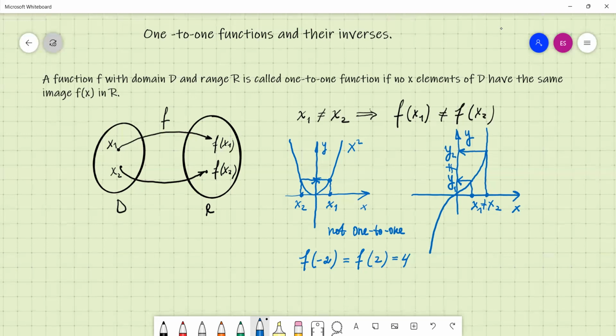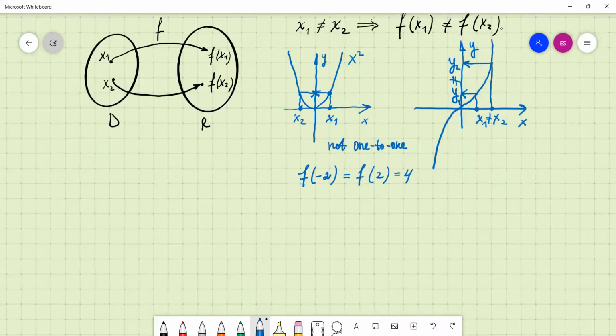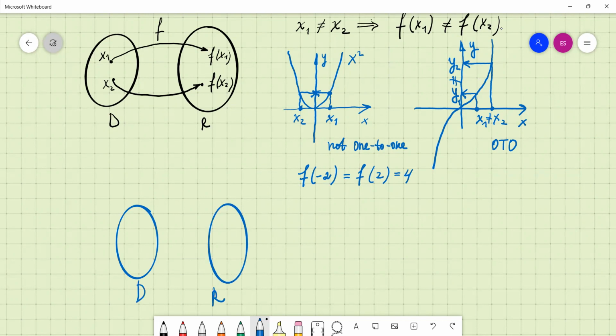So how is it going to work with one-to-one functions? This one is one-to-one. If you allow your function, with its domain and range, to bring two different values of x, x1 and x2, into one value of f of x over here, then when you want to go home, your Google is not going to know which of these two x's is your home.